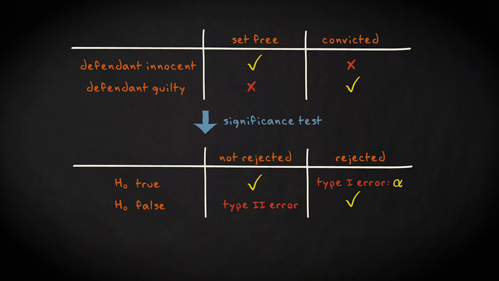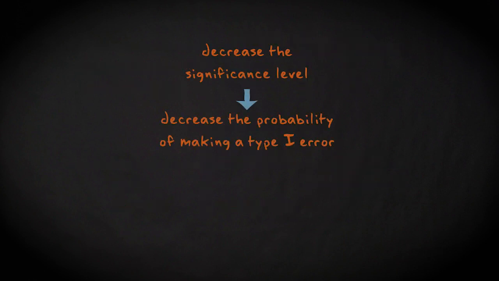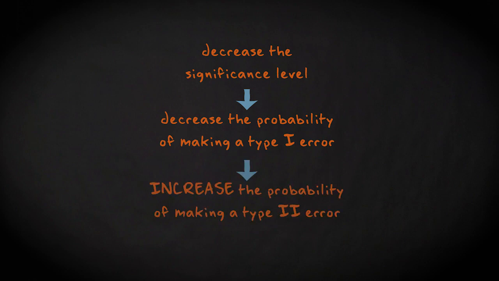It might therefore seem tempting to just decrease the significance level. This is, however, not necessarily a good idea. If you decrease the probability of rejecting the null hypothesis while it is actually true, you increase the probability of not rejecting a null hypothesis that is actually false. In other words, by decreasing alpha, you decrease the probability of making a type 1 error, but you increase the probability of making a type 2 error.